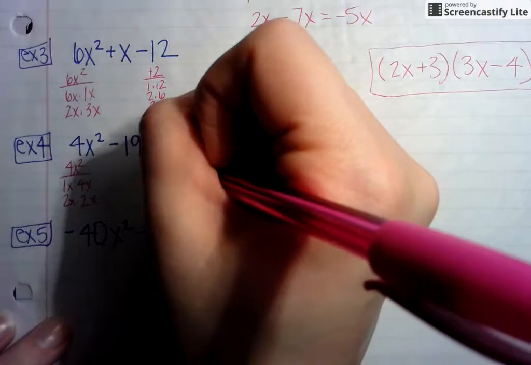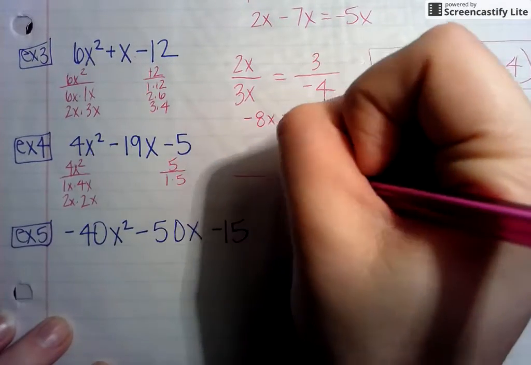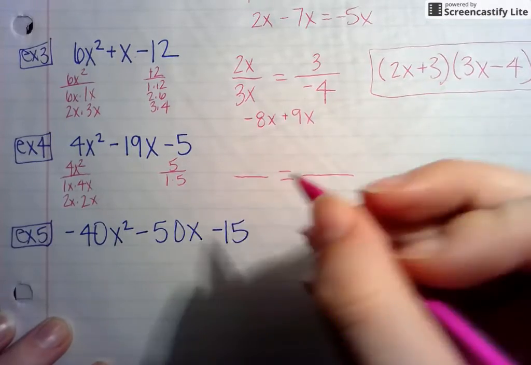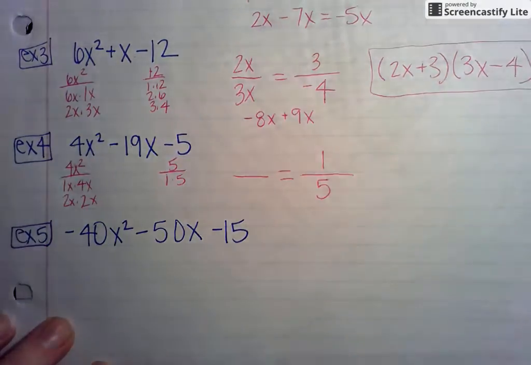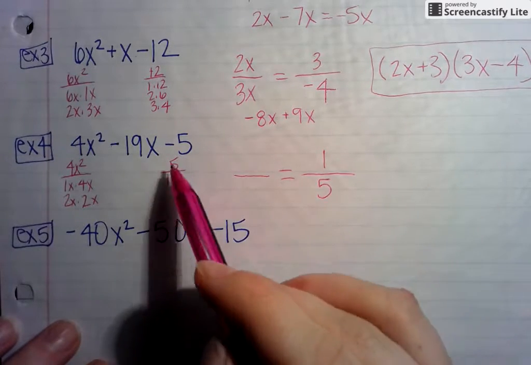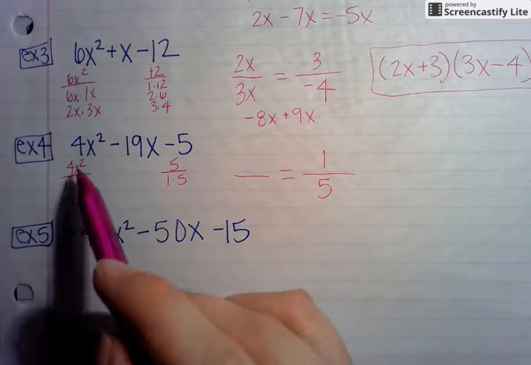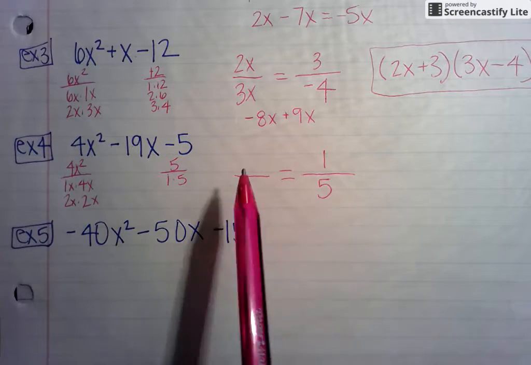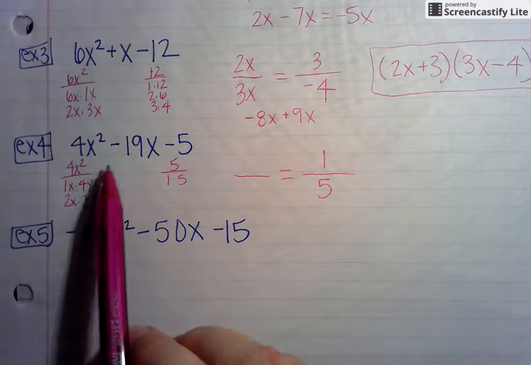And this one I have negative 5, so my factors of 5 are 1 and 5. If I set up my proportion, I'm going to set up this side 1 and 5. I know one of them's got to be negative, but I've got to figure that out because this is my only factor. So I've got to see what, if I multiplied, is going to get me that negative 19.